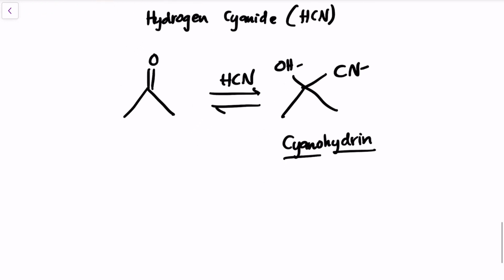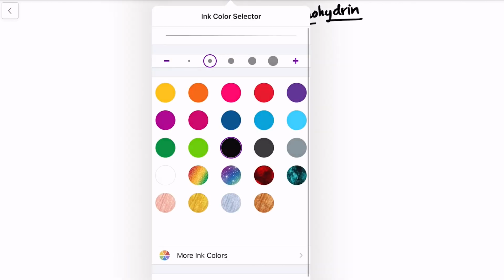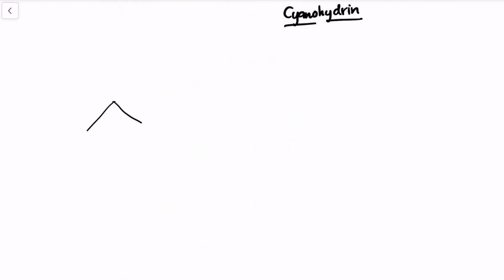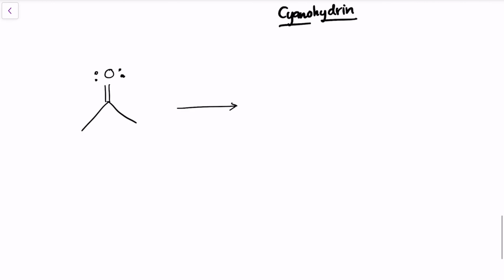So let's take a look at the mechanism and how it looks. You have a ketone, a simple ketone. When you take HCN, it splits into H plus and C triple bond N minus.